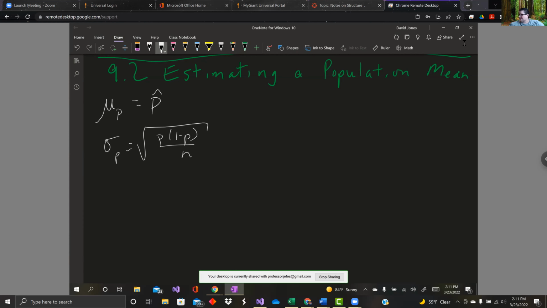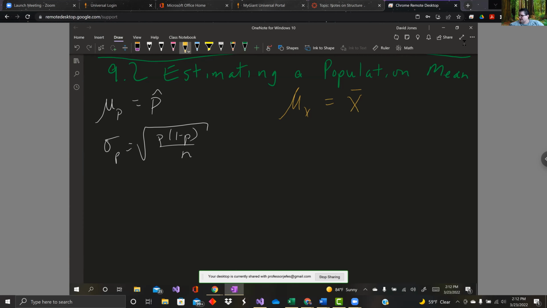We're aiming for something similar here. Just like we used the sample proportion to approximate the mean there, we're going to use the sample mean here, x bar, to approximate our population mean.